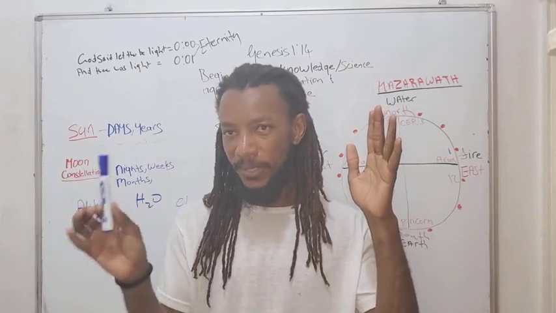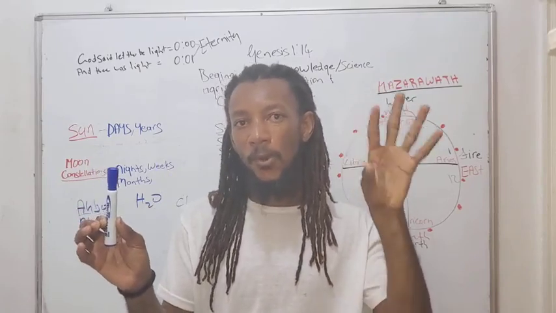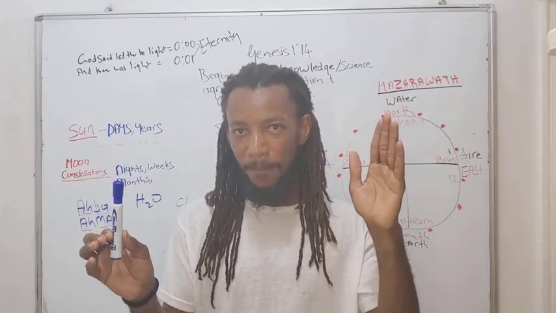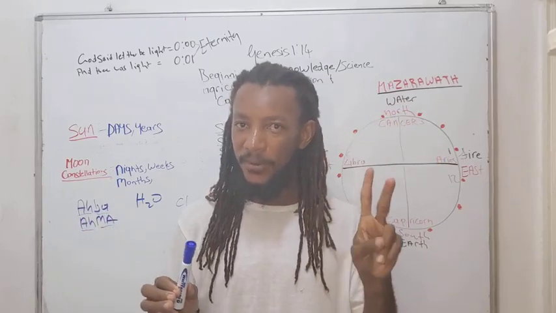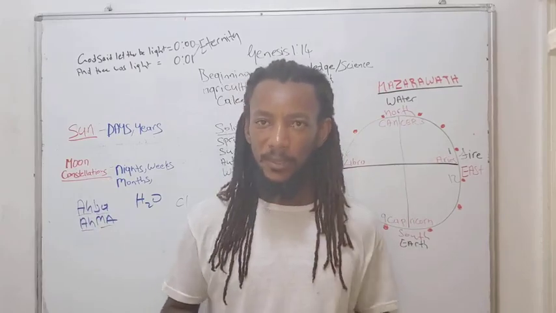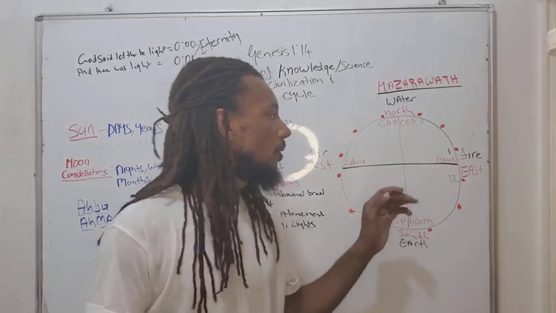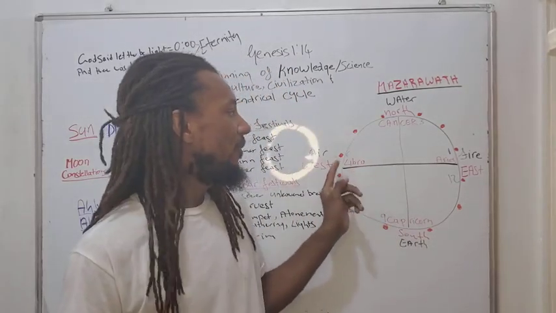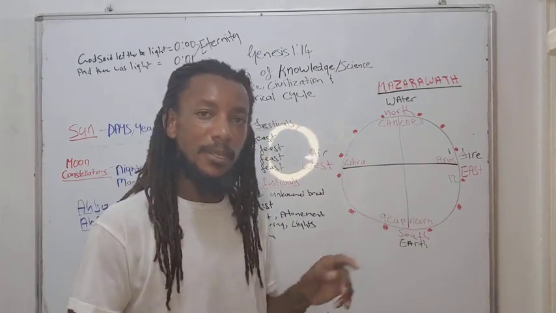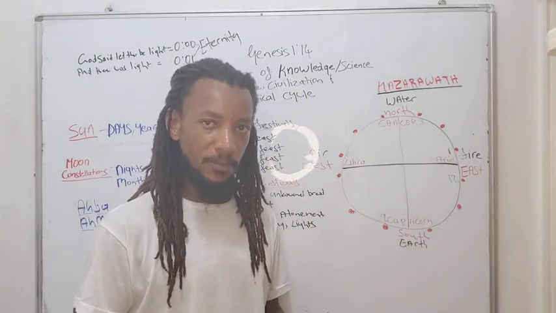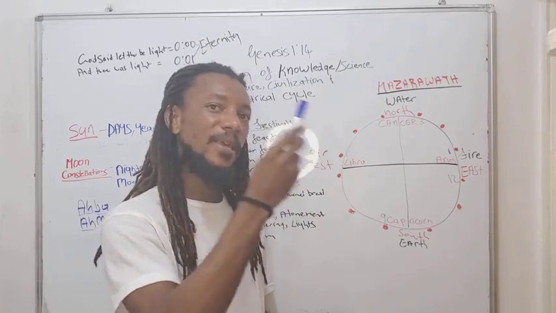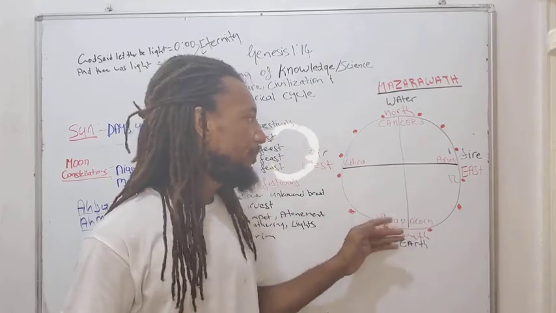Remember, night was separated. Now he's going to talk about the components of a day, evening and a morning, right? Now let's look at that. So here we have this circle. It is not a circle of the earth. This is a circle of the heavens, right?